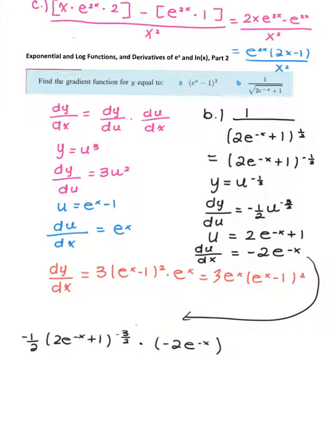Once again, you've got a negative 1/2, 2e to the negative x plus 1 to the negative 3/2, times negative 2e to the negative x.